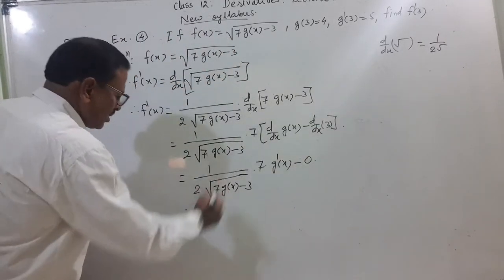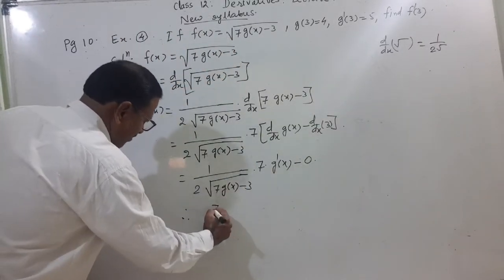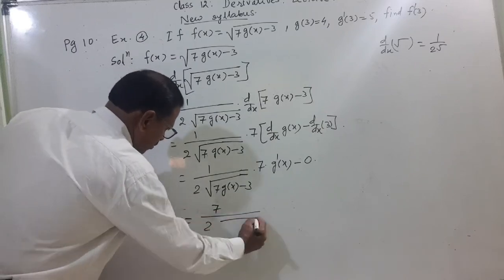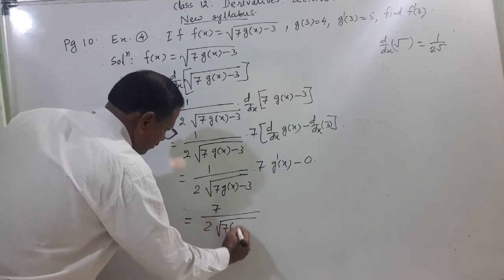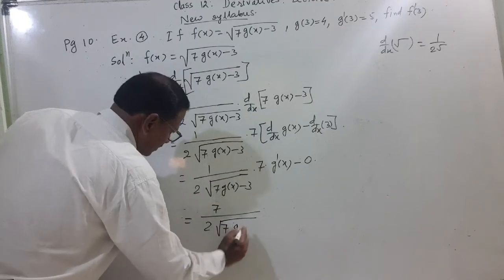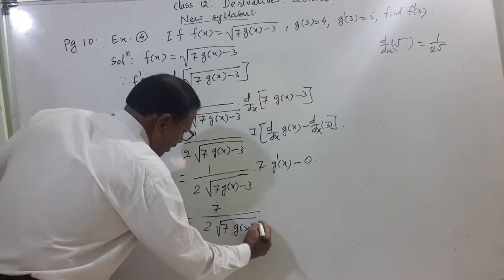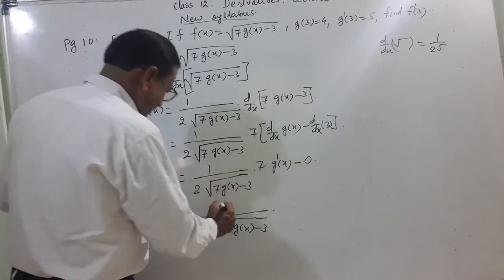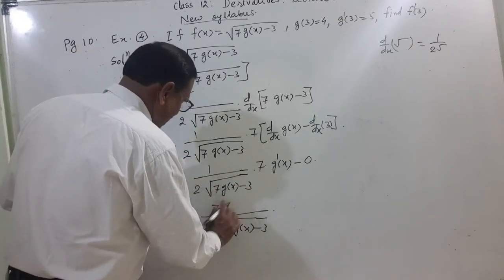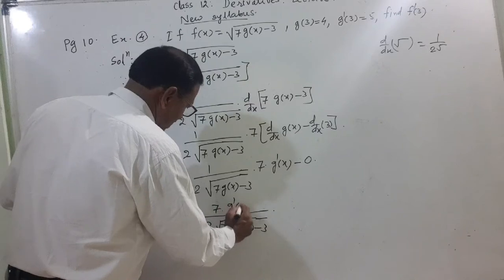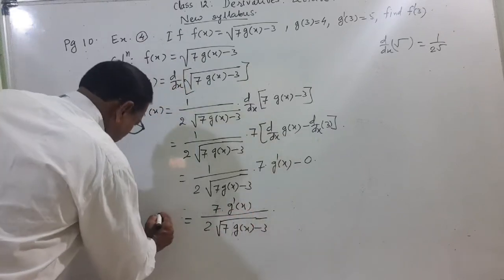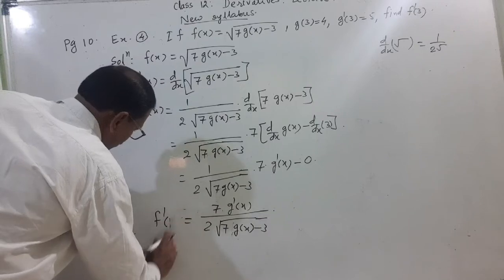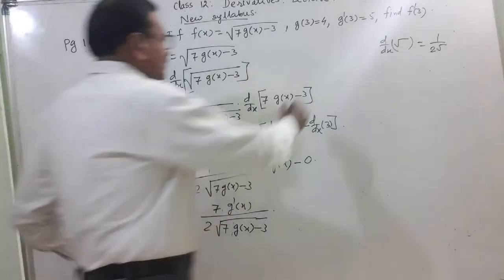Therefore, this will come 7 upon 2 under root of 7 into g of x minus 3, and this is g dash of x. I will write g dash of x here. And minus 3 has no value, minus 0 has no value.